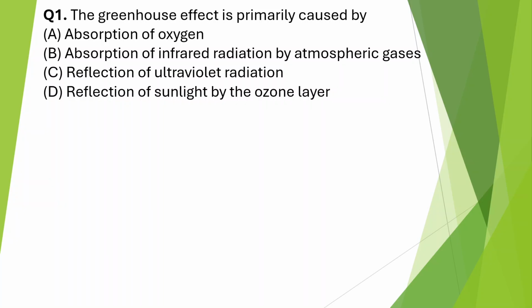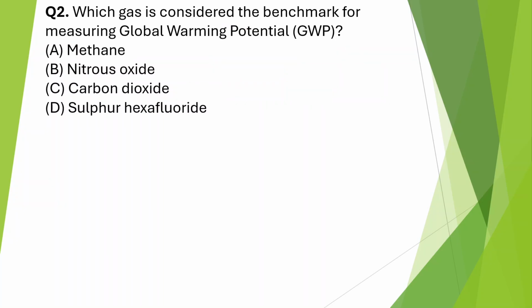Option B is the correct answer for question number 1, which states that whenever there is infrared radiation absorption by atmospheric gases, these gases create the greenhouse effect in the atmosphere.